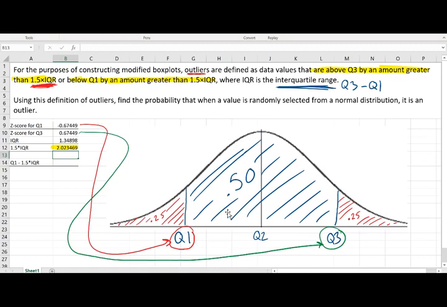Okay, so let's switch to black here. Okay, so this z-score right here will be the first quartile minus 1.5 of the interquartile range. And then the probability, so this in black will be the probability of a small outlier on the low end.